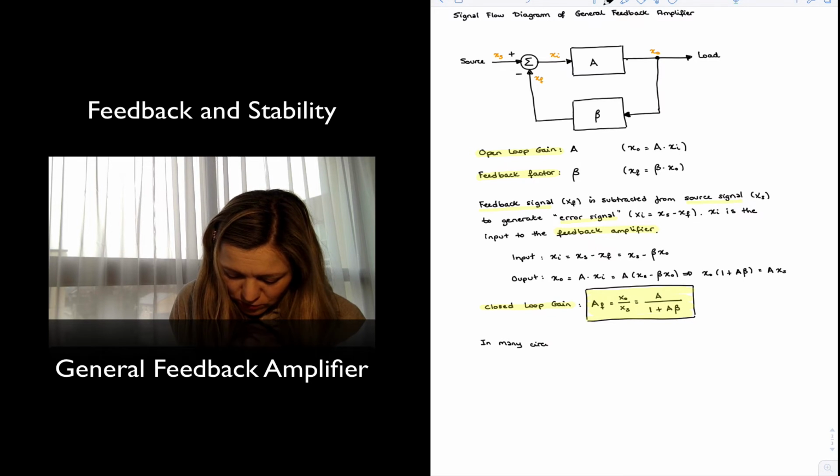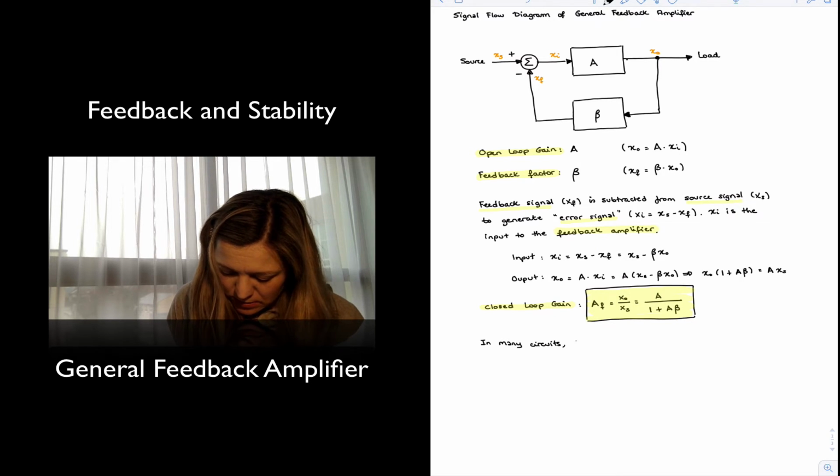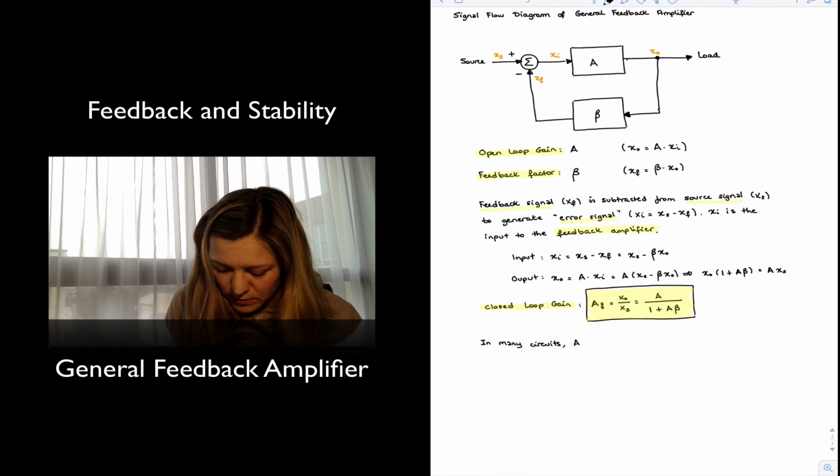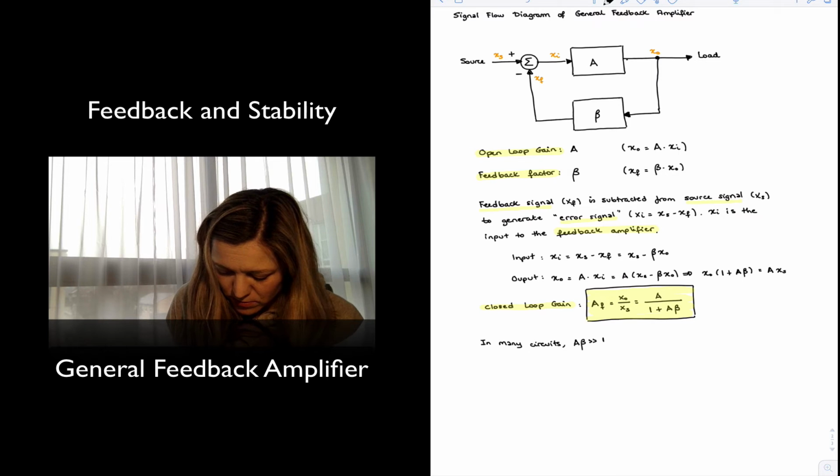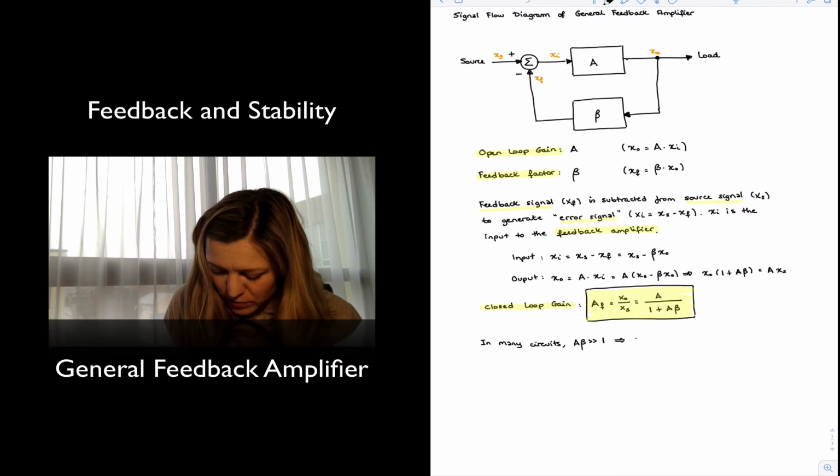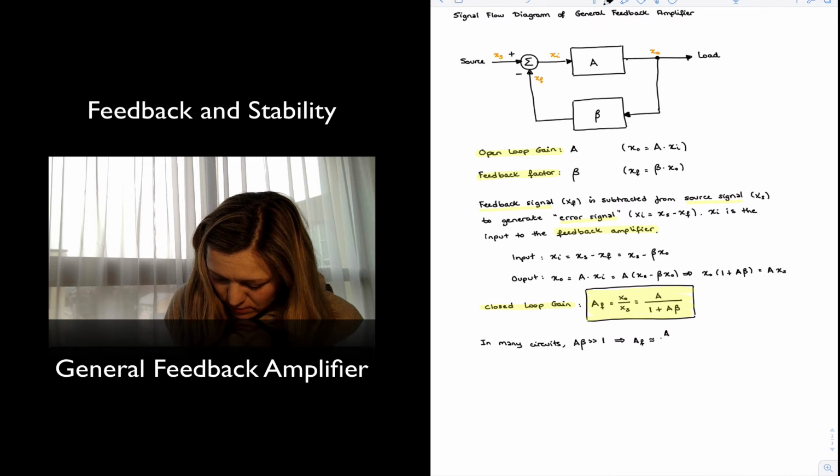In many circuits or in many circumstances, we have that A beta is much greater than 1. And therefore my A sub F can be approximated as A divided by A times beta, which is approximately equal to 1 over beta.